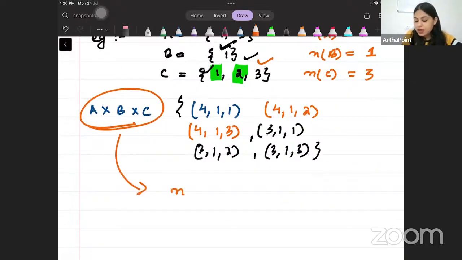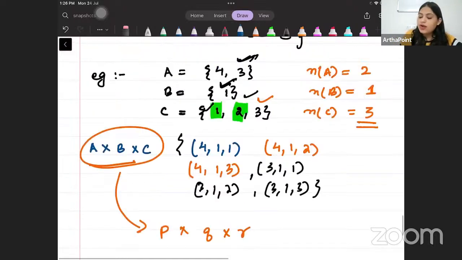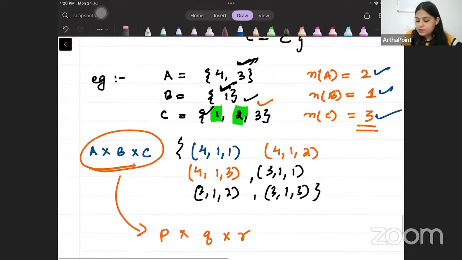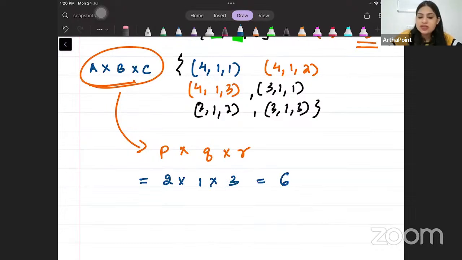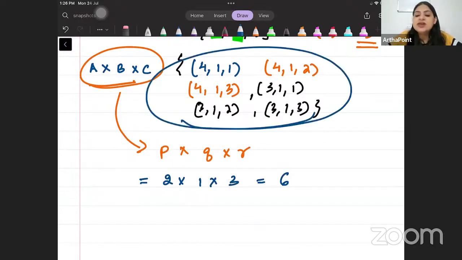So it should be P into Q into, in this case, elements in C. तो क्या आ जाएगा? You will get 2 into 1 into 3. That means it should have 6 elements. And this is exactly what we are seeing here, that these are the 6 elements that we have got. I hope this is clear, beta.